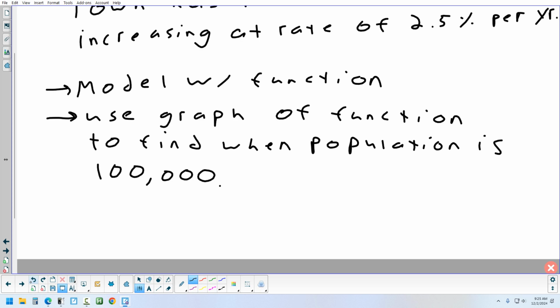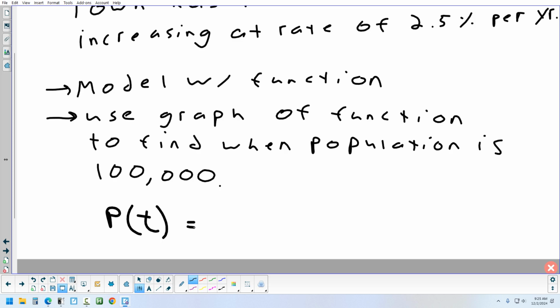So we're going to write down a formula that represents the population of a town as a function of how many years have gone by. So I'm going to use P of t. You could call it f of x, I just think P makes more sense because you're talking about population. So P of t.